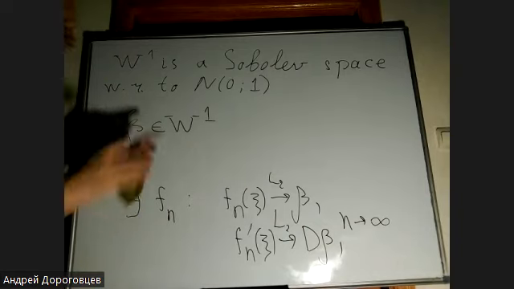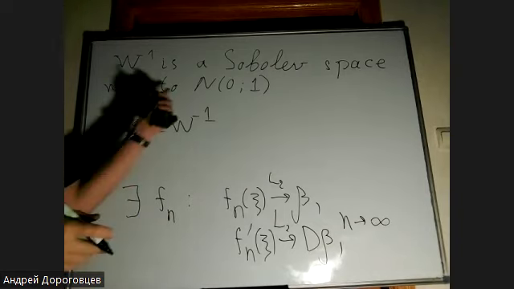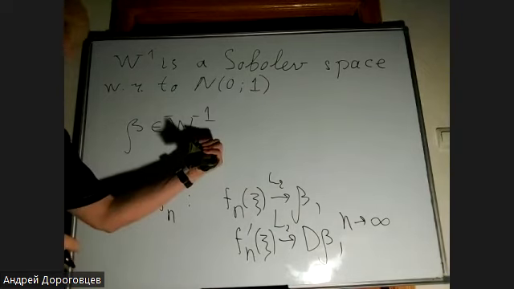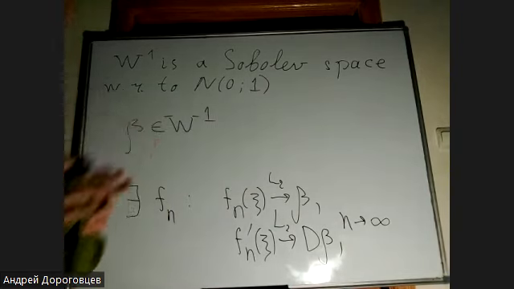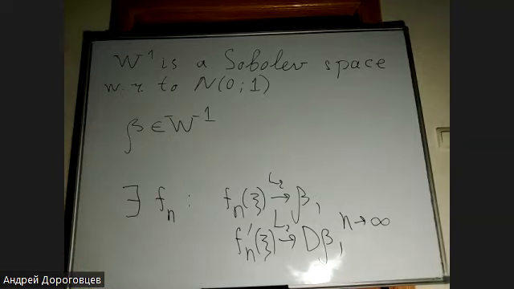In mathematical physics, we usually use the Lebesgue measure instead of a Gaussian measure, but the flavor is exactly the same.